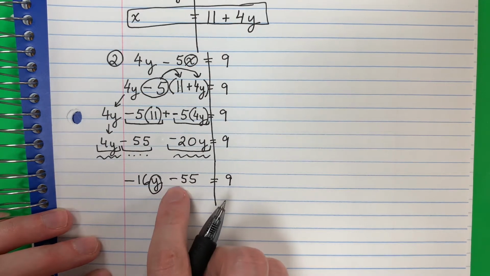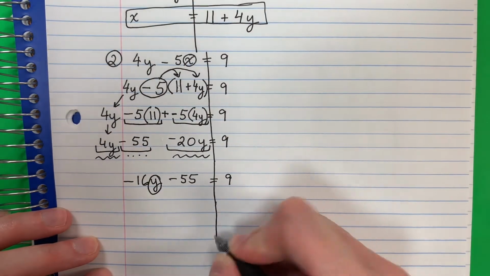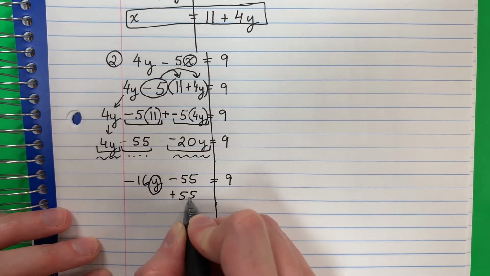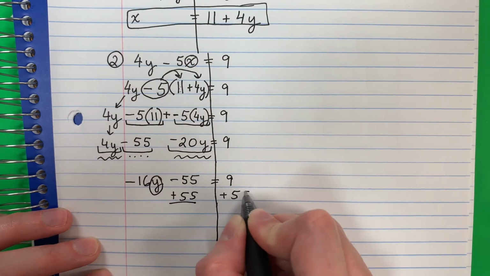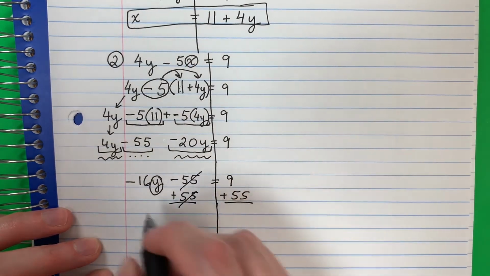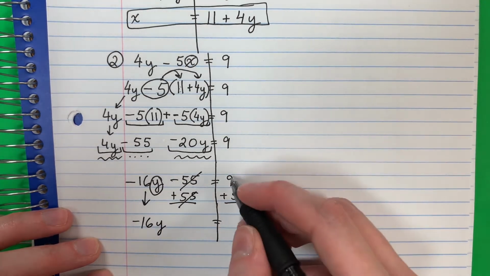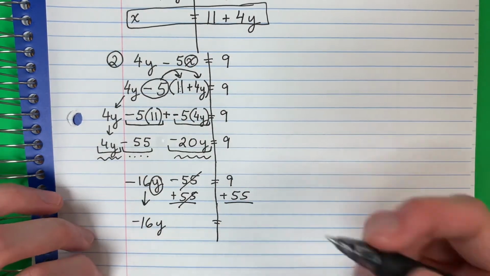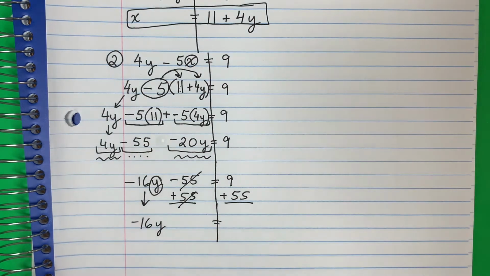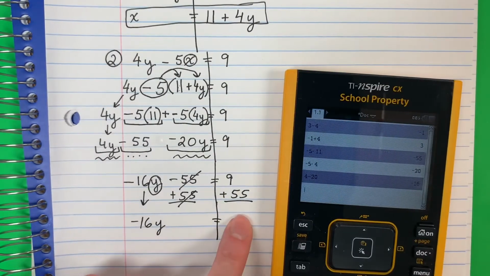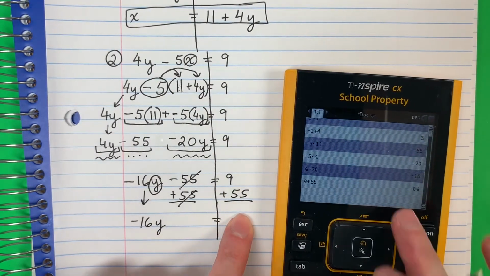So this is minus 55. The opposite is plus. So plus 55. Copy. Plus 55. This cancels. Copy down. Negative 16y equals 9 plus 55. 9 más 55. Let's go ahead and put that in the calculator. 9 plus 55, 64.